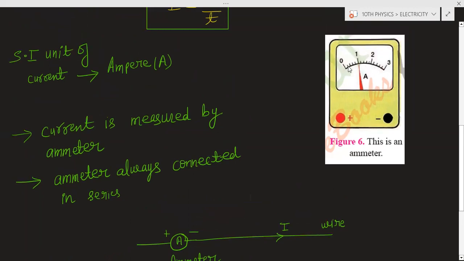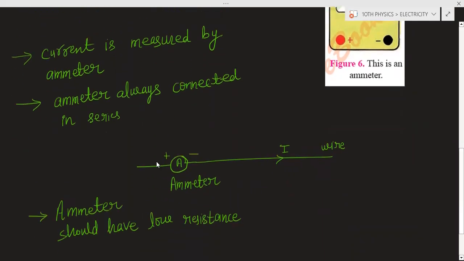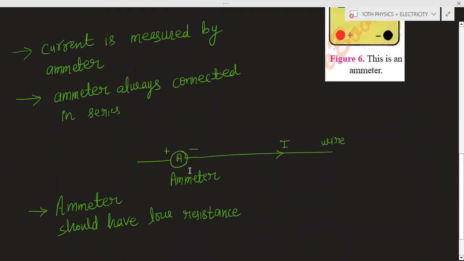This is the pointer and this is a circular scale. The pointer will point out some value, and that value will be the amount of electric current, like 2 ampere, 3 ampere, 4 ampere, 10 ampere. In this way you connect the ammeter to measure the current.